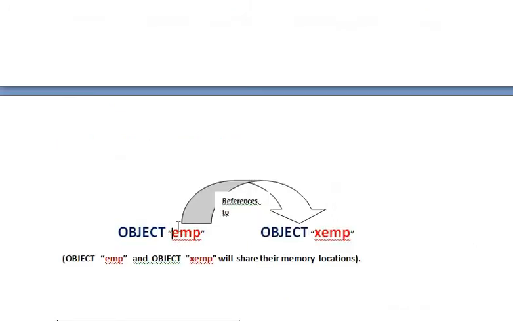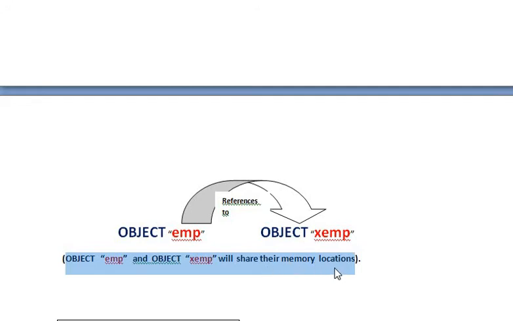Now when I create a reference from the object emp to the object xemp, then both these objects, that is emp and xemp, are going to share their memory locations.